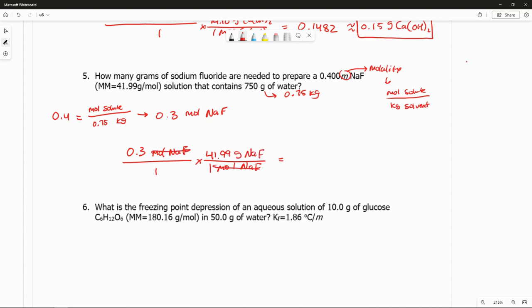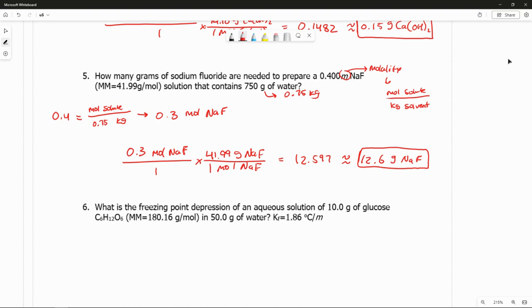Moles of sodium fluoride cancel on both sides, and we have grams of sodium fluoride left, and we have only ones on the bottom, so we just multiply this and this together, which is going to give us 12.597, which I'm going to round to 12.6 grams of sodium fluoride. And that is our final answer.